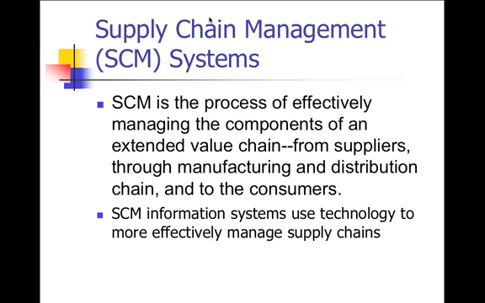So if you missed last week, we already talked about supply chain management. That was the process of managing the components in the extended value chain from suppliers through manufacturing, through distribution, to the customer. So if you're building the product, everything from acquisition of the pieces, the parts, to the assembly, through the delivery is your supply chain, essentially, in terms of what you're looking at for the IT automation.